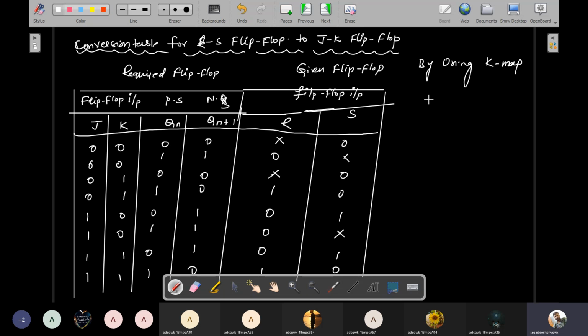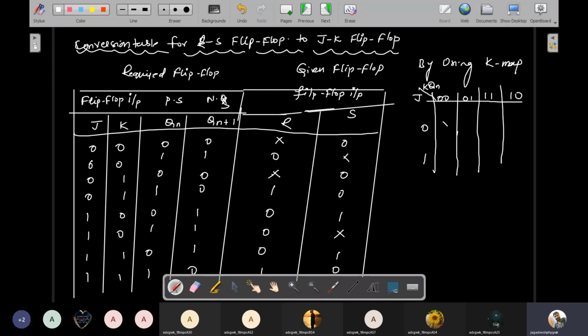See how you write the K-map equation. Actually, this is a 4x4 K-map. Simply take the values: this is the K and Qn output combination, and this is the J value. So the combinations are 0 0, 0 1, 1 1, and 1 0.